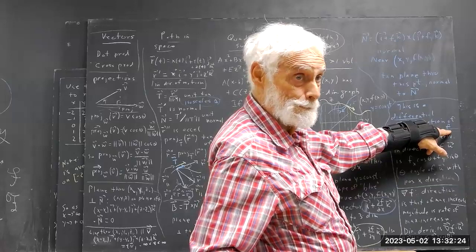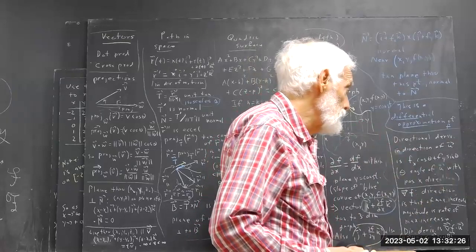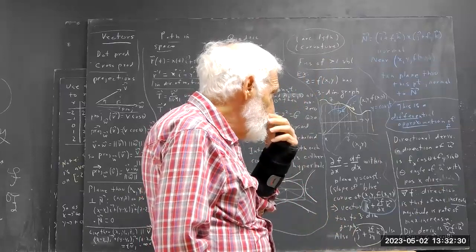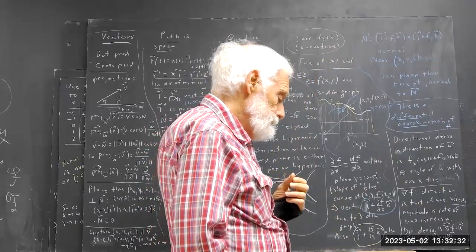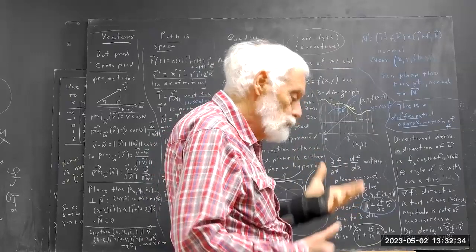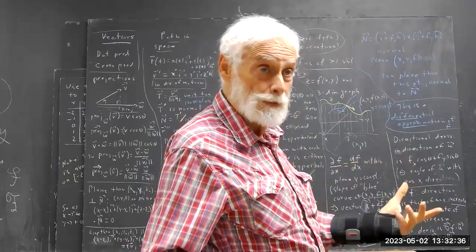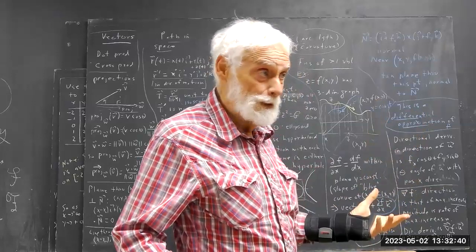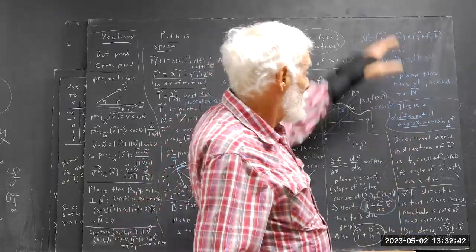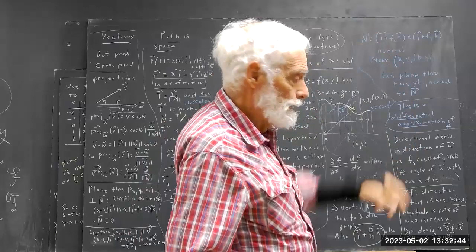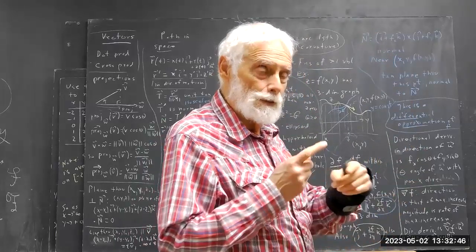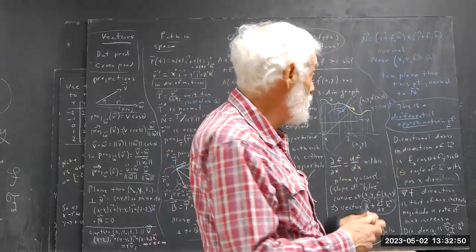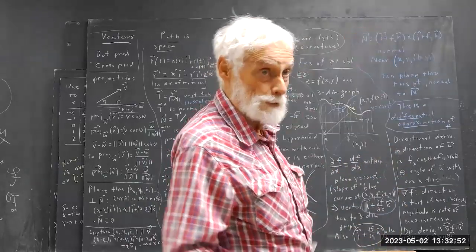You do differential approximations in one variable. I would understand this as a generalization of the differential approximation of one variable. It's just a tangent line approximation. This is a tangent plane approximation.